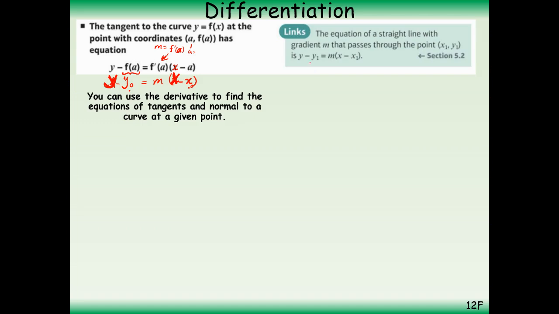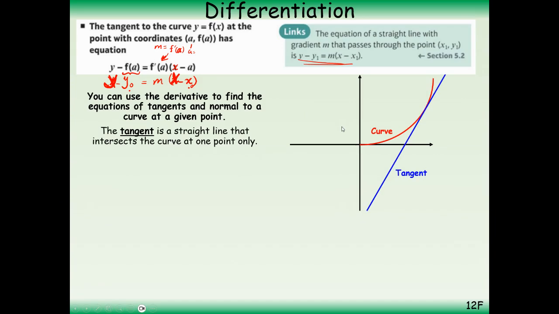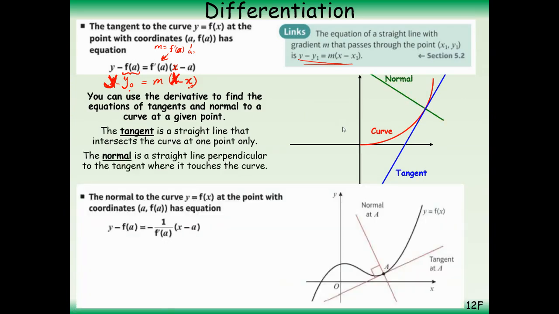So we said that that's the tangent, and for the normal, the equation is written like so, but you know that this is the definition of the perpendicular gradient, minus 1 over the original gradient. I don't think it's necessary to complicate things, but I was just going to show you that if you see this in your book, this is exactly what we were doing on the previous slide anyway.